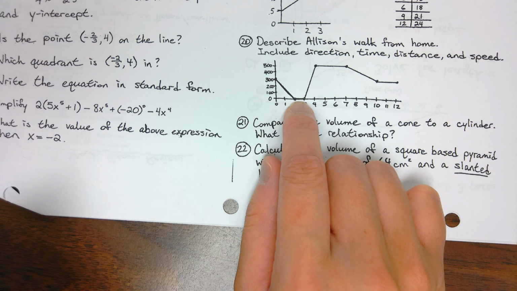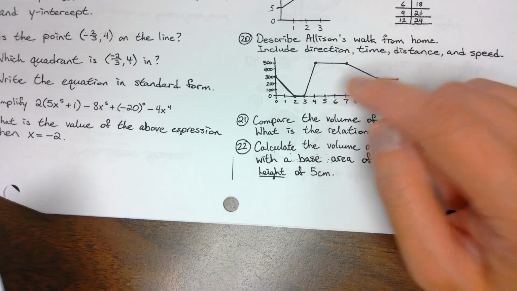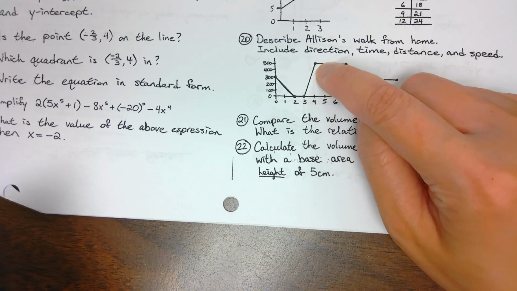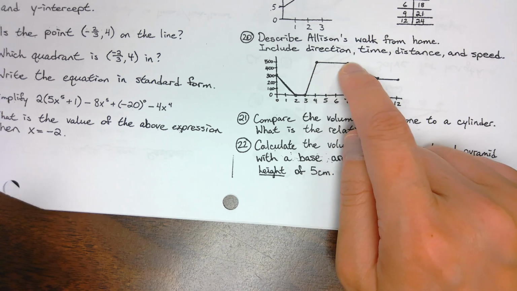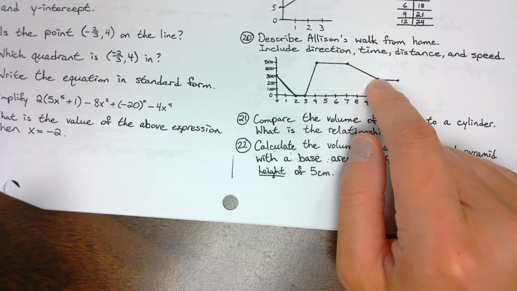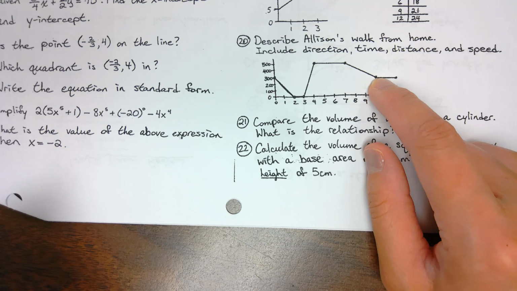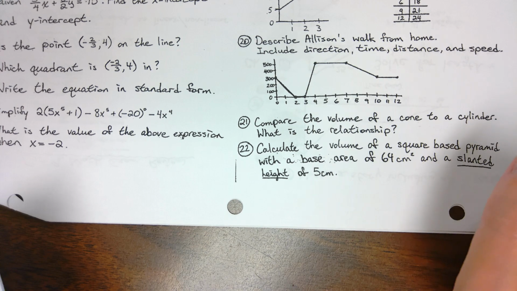It took her 2 minutes, and then it took her 1 minute to find her phone, and then she had to run to school because she was late. Running 500 meters in 1 minute, and then when she got to school, she realized, oh wait, it was a Saturday. So then she slowly walked back home, and then after 200 meters, she got really tired, and so she took another 2 minute break.